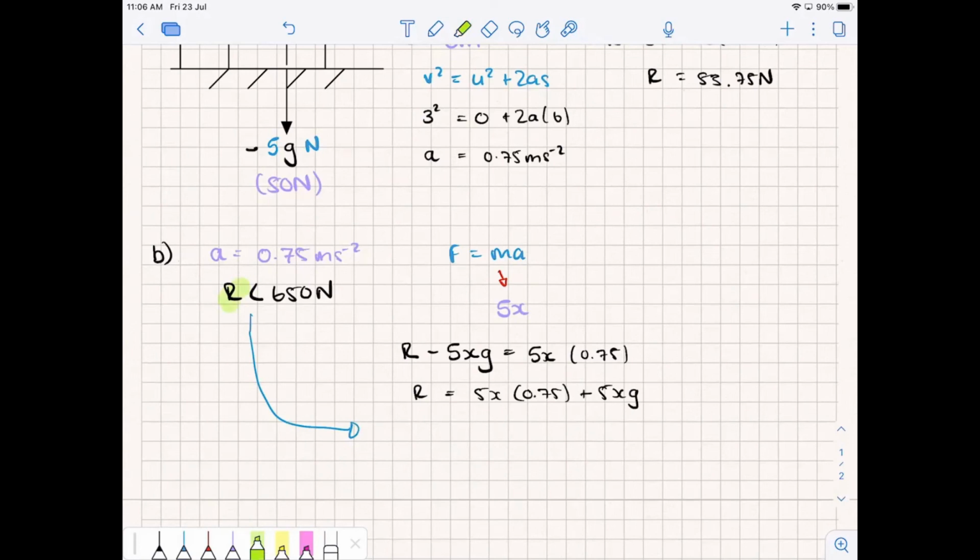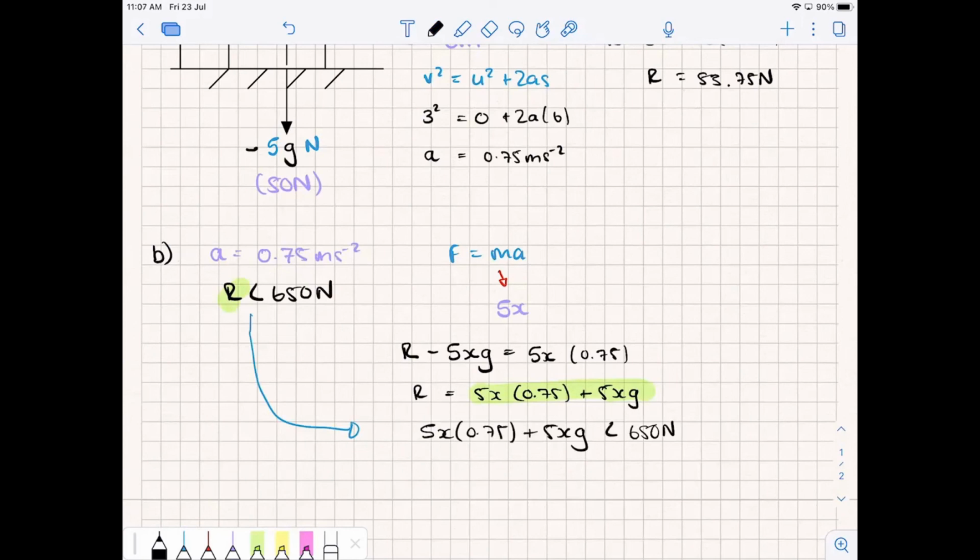So if R is equal to that, then that expression must be less than 650 newtons. We can write that as 5x times 0.75 plus 5x times gravity must be less than 650 newtons. And here we're just going to solve for x.